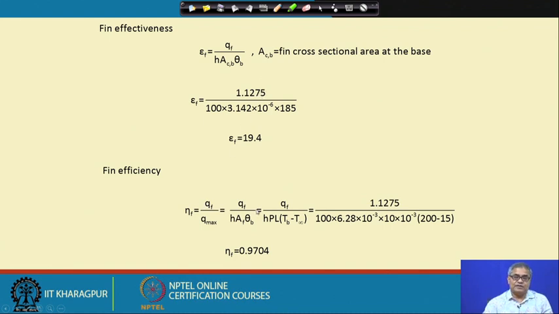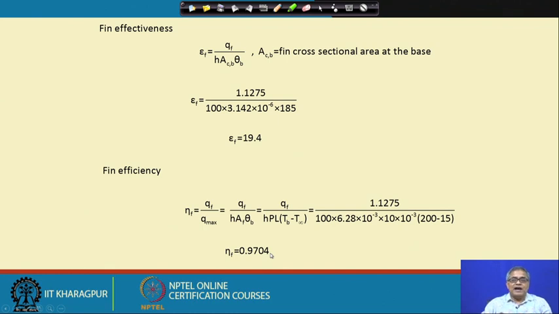Then fin efficiency. So, first it justifies the use of the fin, but then let us see how good is the fin we are using. So, there it is fin efficiency, the fin heat transfer and the maximum heat transfer that could be possible by a fin of same geometry, and it is 0.9704. So, it is a very high efficiency.